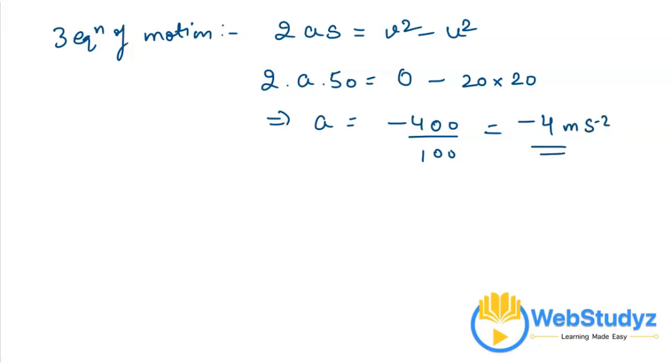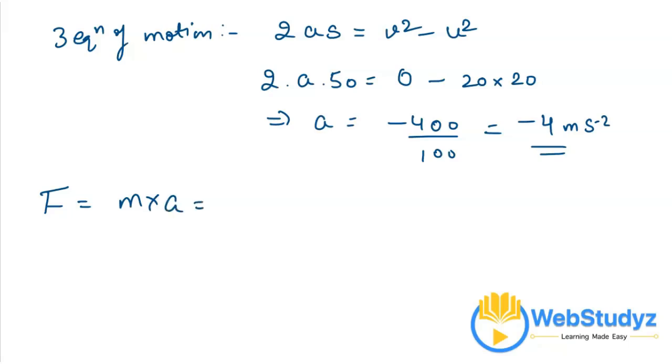The negative sign indicates that it is retardation. The opposite acceleration is known as retardation, that is, against the motion of the object. So now we will find the force F, that is mass into acceleration.